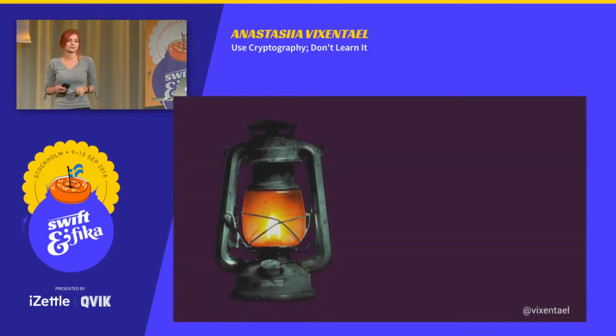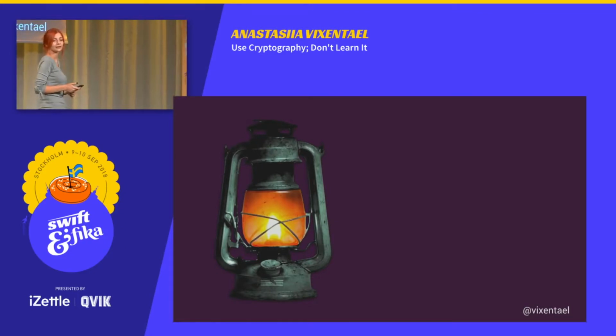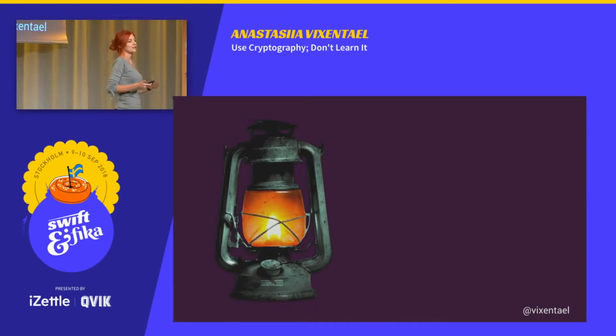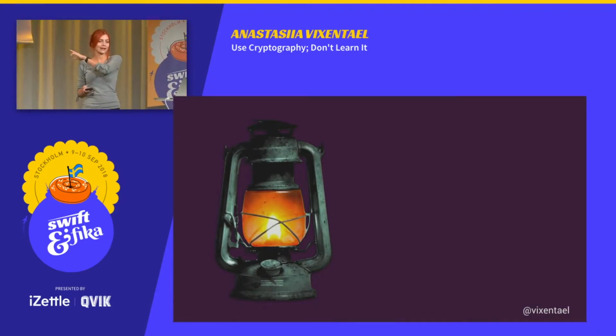Do you know what this is? Lantern, yeah. Well, this is an oil lamp. If you remember, your grandmas and grandpas probably had some oil lamps. In different regions, people had different types of oil lamps.